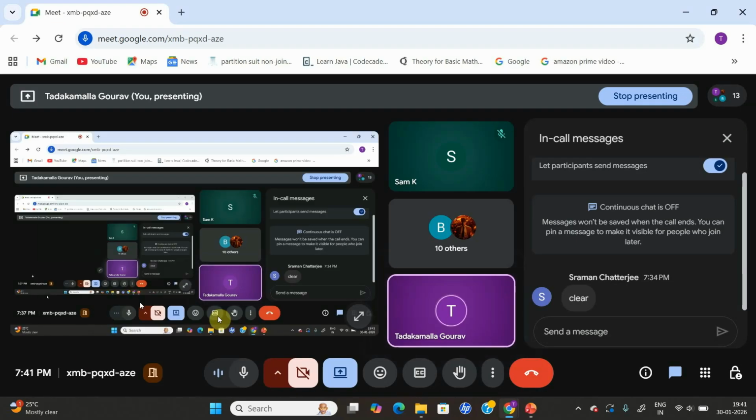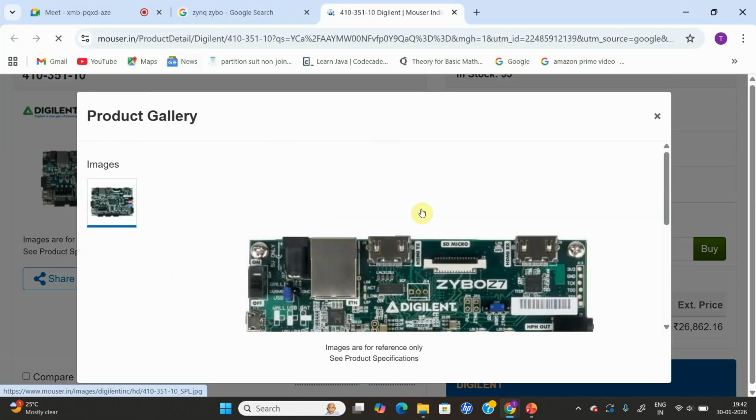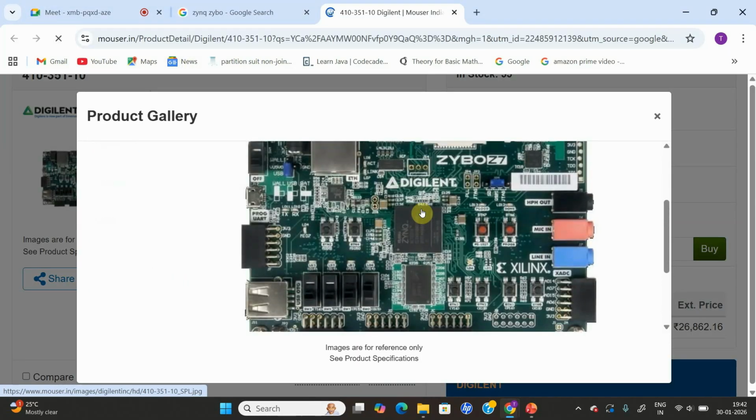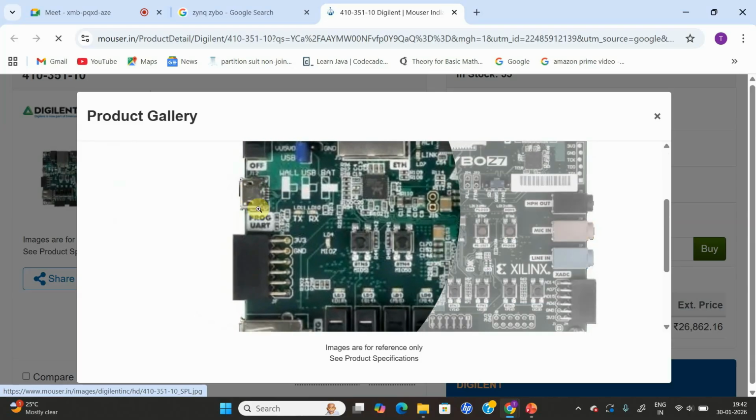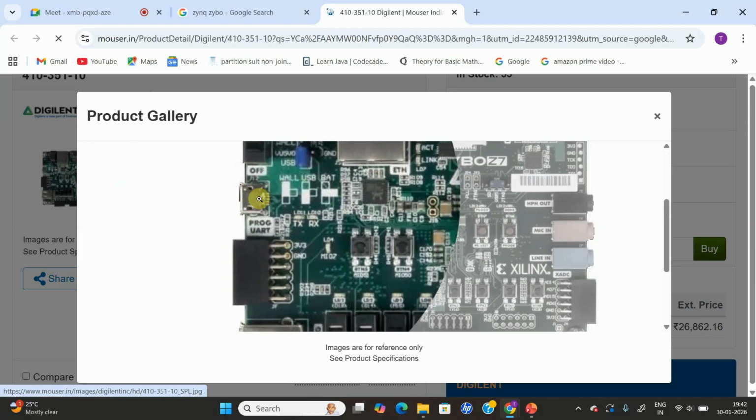Let me share one screen. Yes. So where is this? Exactly this one. So you can see over here, there is something known as my USB interface. If you carefully observe, yesterday also I connected my system with the cable using this USB interface, right?